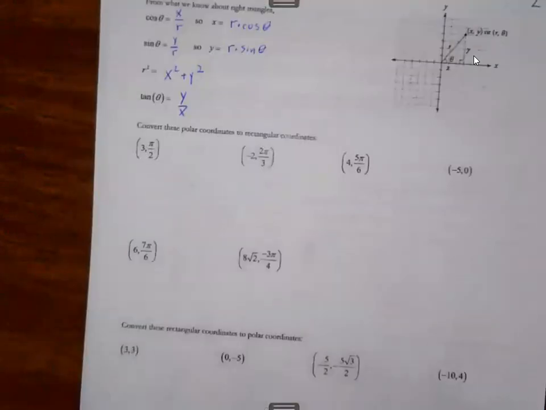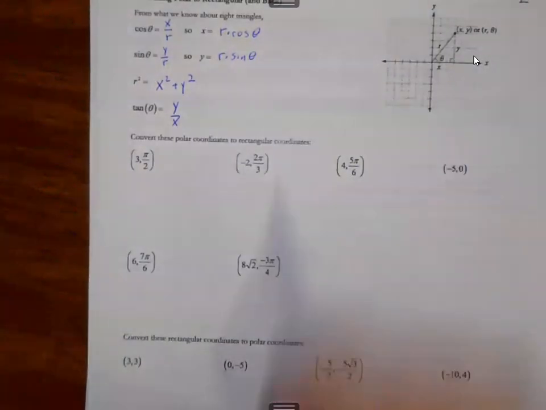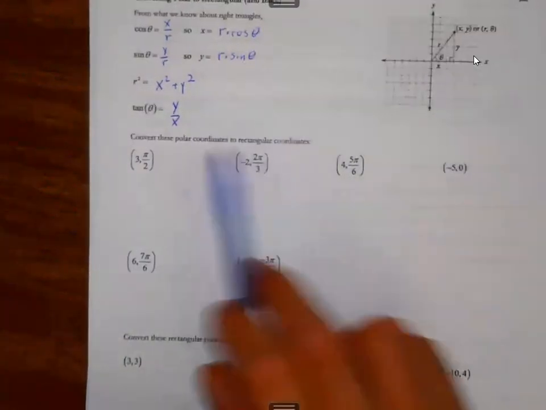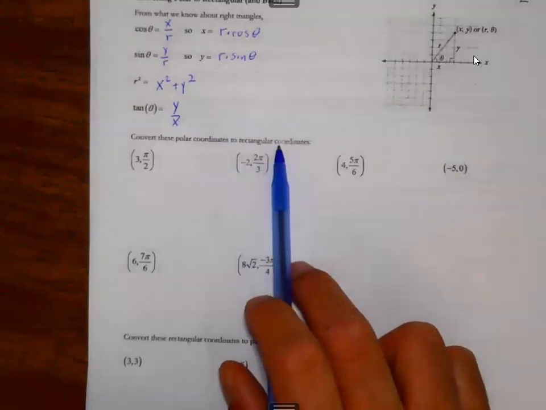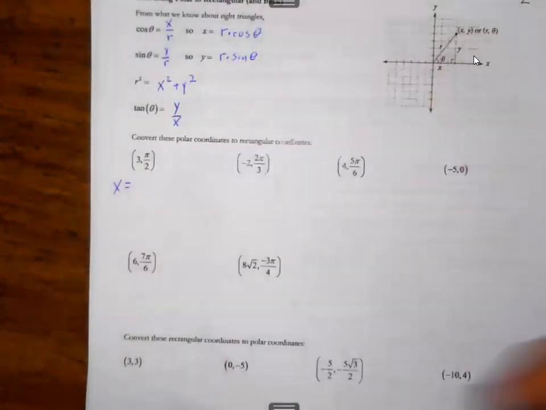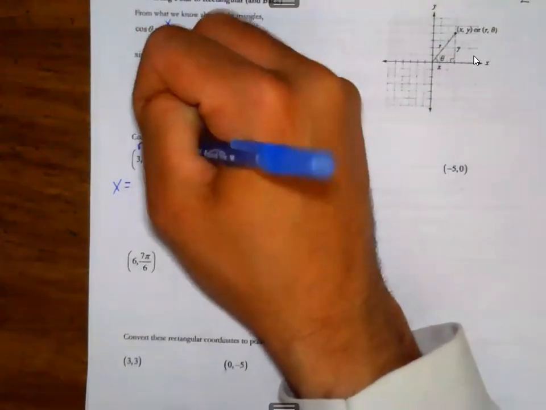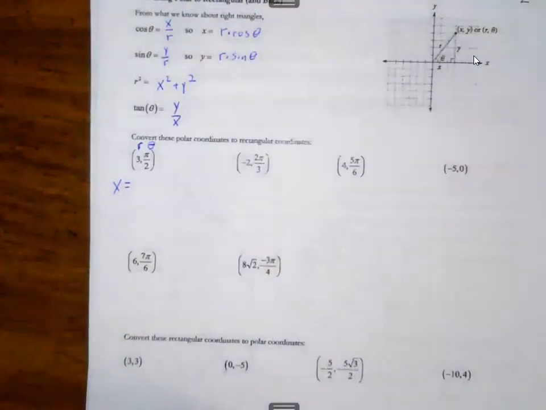Okay, so convert these polar coordinates to rectangular coordinates. Going from polar to rectangular, you're going to straight up want to use these here. X is equal to R times the cosine of theta. R is 3 because it's a polar point, and theta is pi over 2.